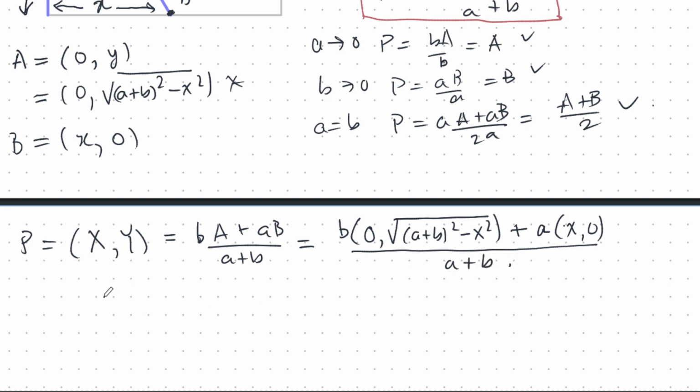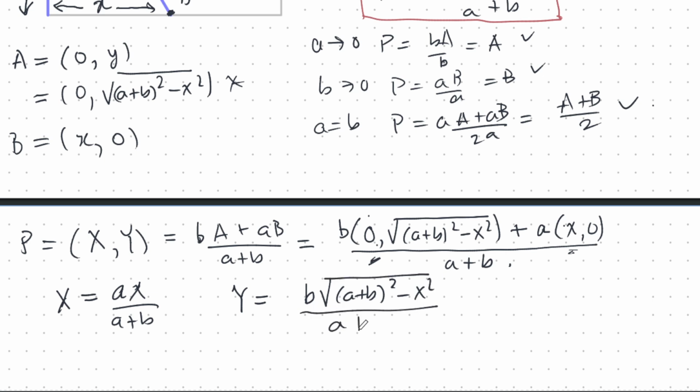So we can actually solve for big X. There's no x component here. The x component is over here. So it's a x over (a plus b). And now capital Y, the Y coordinate of your pencil, is b times the square root of (a plus b) squared minus x squared, over (a plus b).